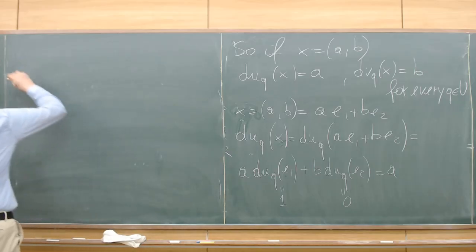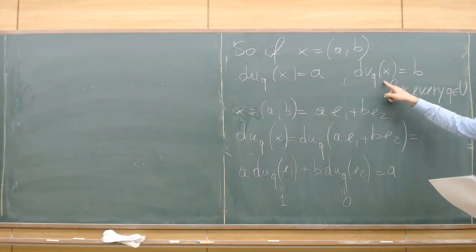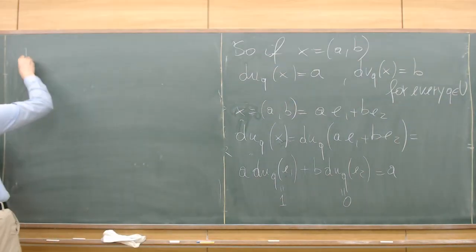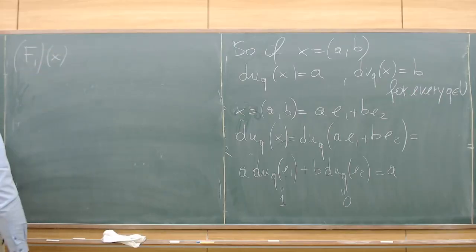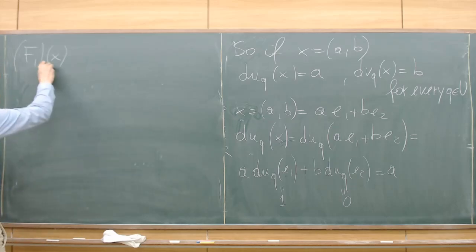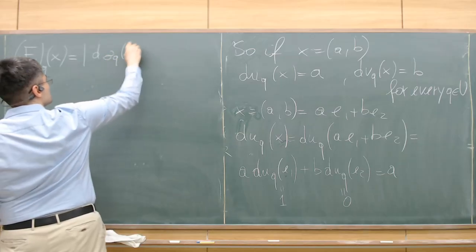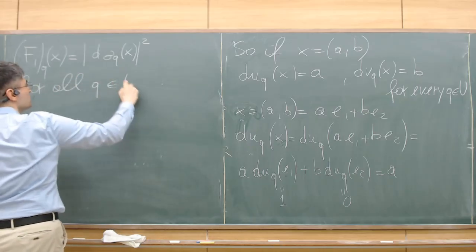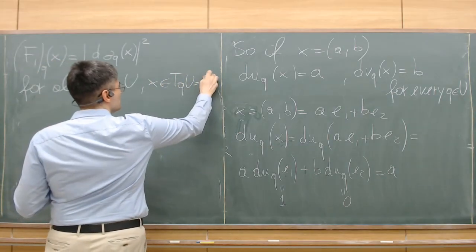So as a conclusion, a consequence of these two formulas is that F1 evaluated at X is nothing but the norm of d sigma q X squared, for all q in U and X in T_q U equal to R2.